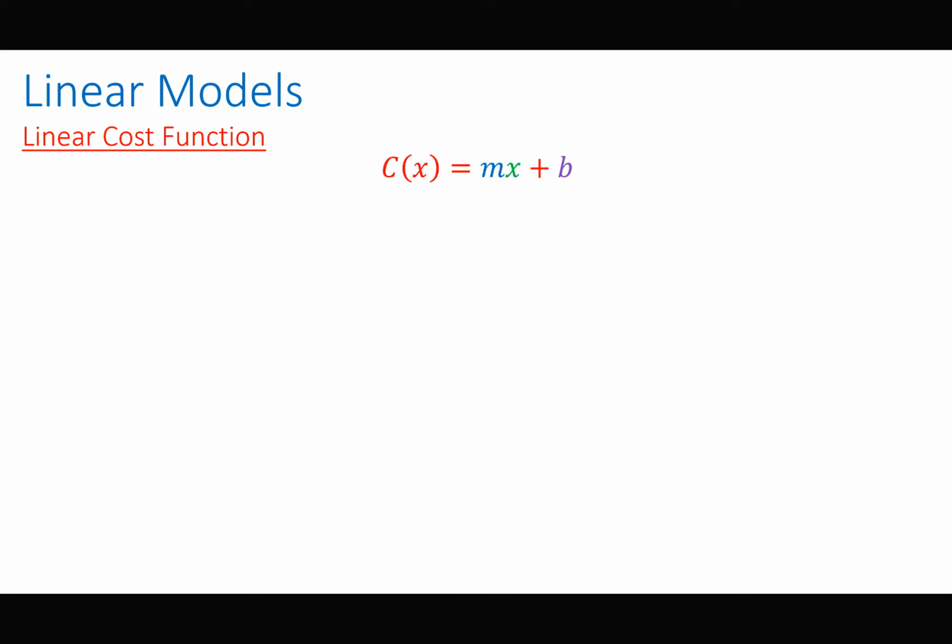We're going to work with the function c of x to represent cost is mx plus b. I mean, it's linear, so y equals mx plus b we know is slope-intercept form. That's for a line. So this one, instead of saying y, we're going to say cost, and c of x means that it's in terms of x.